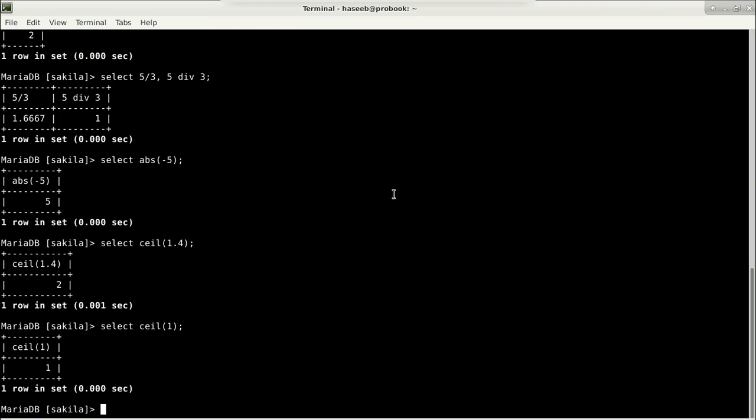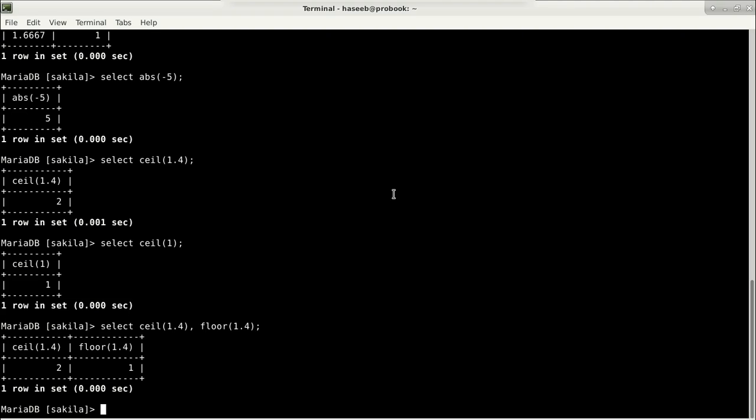Its opposite is floor. So floor 1.4 will return the nearest lowest value to 1.4, and ceil will return the nearest highest value to 1.4.